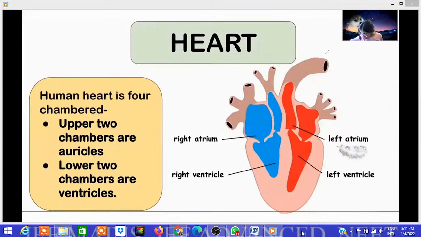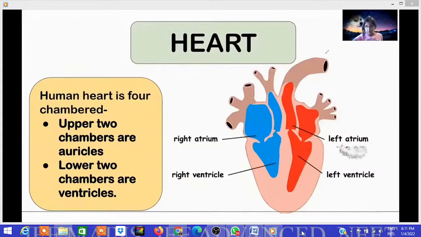Remember, a heart has four rooms, but you shouldn't write it as four rooms. You have to remember it as four chambered. Upper two chambers, what are they called? Left auricle and right auricle. The upper two chambers are called auricles. Simply you can say auricles.